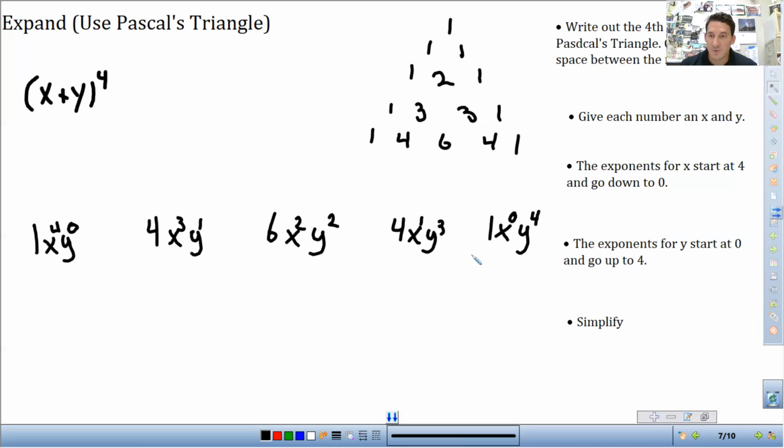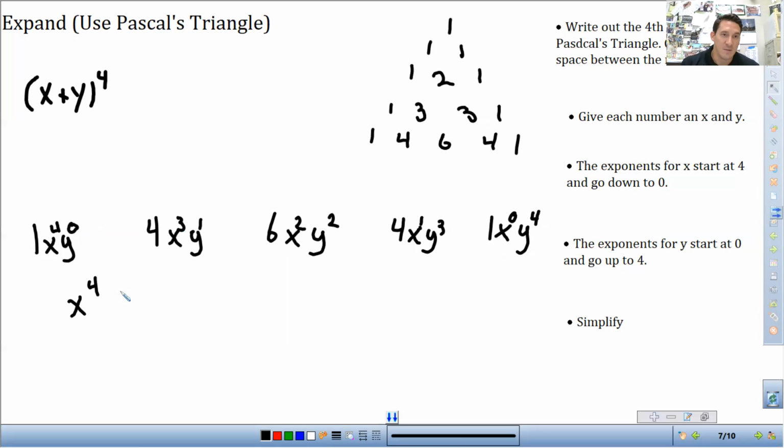All you need to do today when you're simplifying is take care of the 0 exponents. And then if the coefficients are positive, you're going to put a plus sign in front of them. Anything to the 0 power is 1. So y to the 0 is 1. So this is 1 times x to the 4th times 1. That's just x to the 4th.